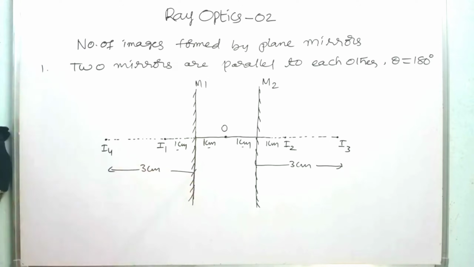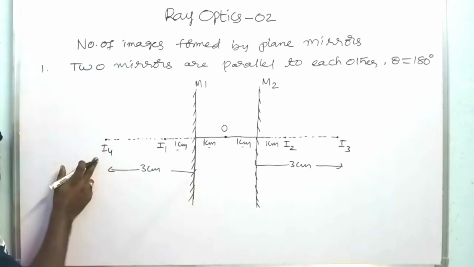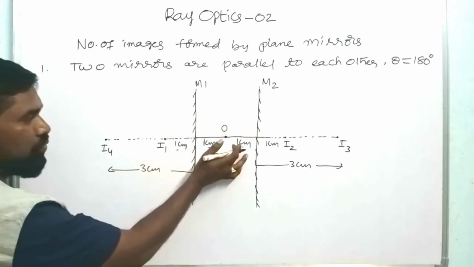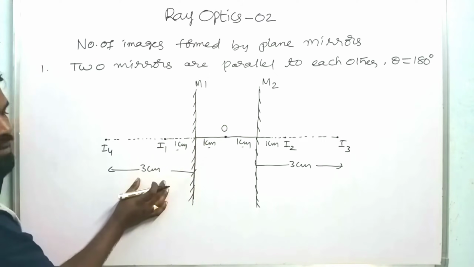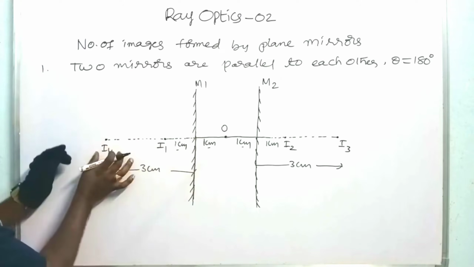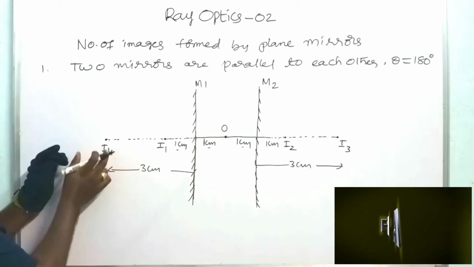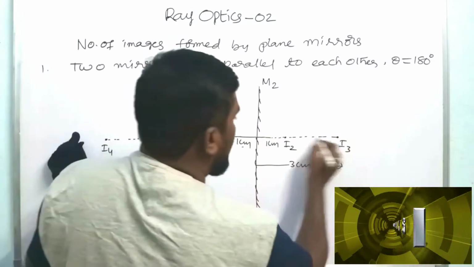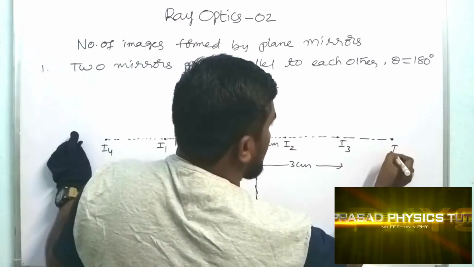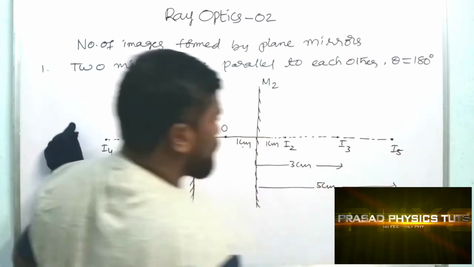Now this is the virtual object to the first mirror, and this is the virtual object to the second mirror, at the distance of 1, 2 and 3, that is 5 centimeter. And again this virtual image acts as the object, and an image will be formed at 5 centimeter. So this is I5, at the distance of 5 centimeter.